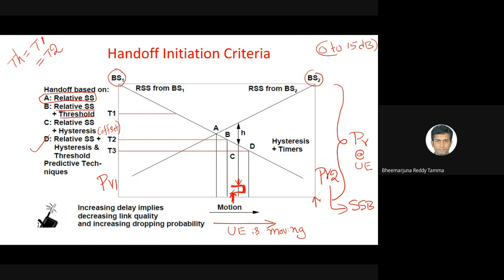And also we can use timers. So not just use the hysteresis offset. You just say that, okay, the difference should be like 5 dB for, let's say, 200 milliseconds. Then only you trigger the handover. So that also takes care of some of the ping pong effects.